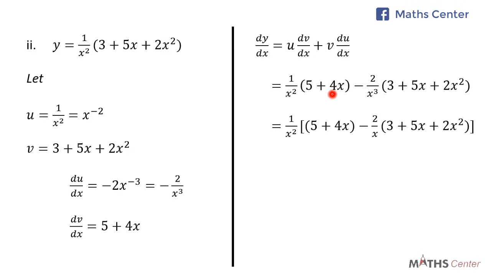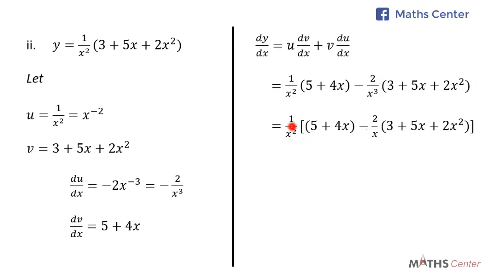Now this, we can factor out 1 divided by x squared. When you factor out 1 divided by x squared, you have 1 divided by x squared into brackets 5 plus 4x, then minus 2 divided by x into bracket 3 plus 5x plus 2x squared.